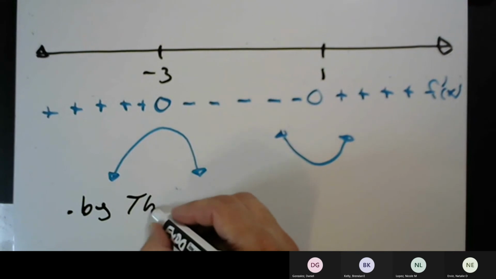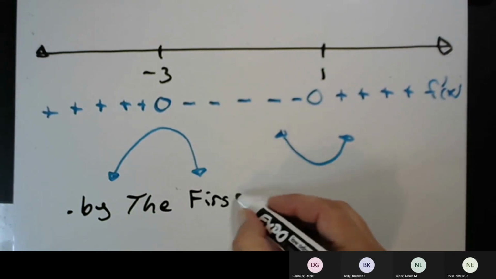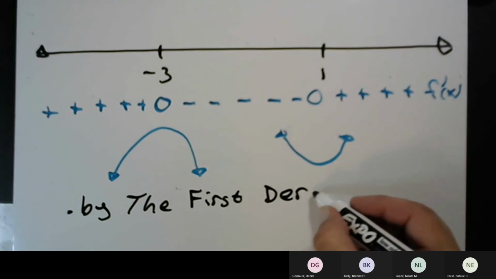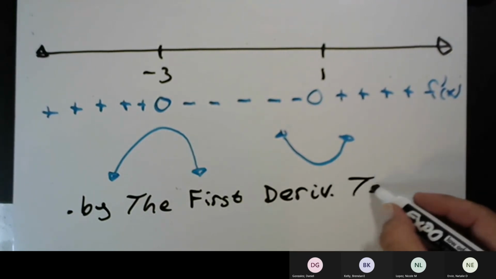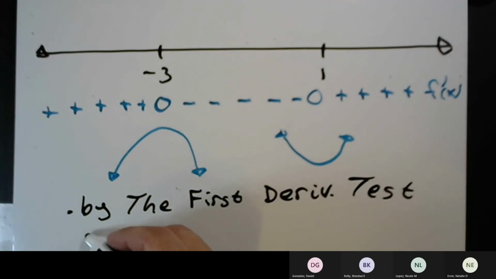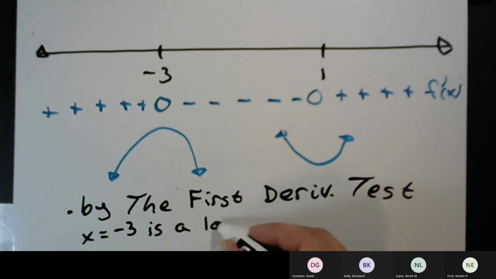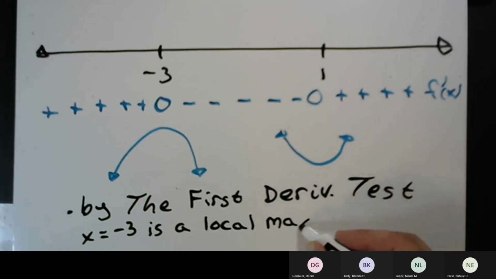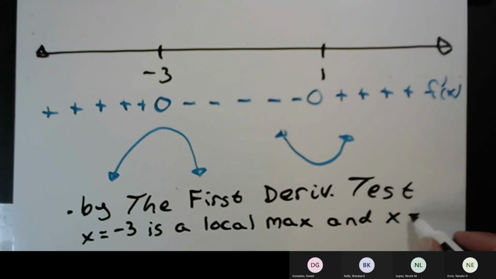So by the first derivative test, x equals -3 is a local max, and x equals 1 is a local min. Any questions about that?